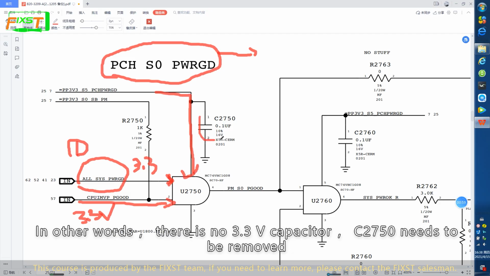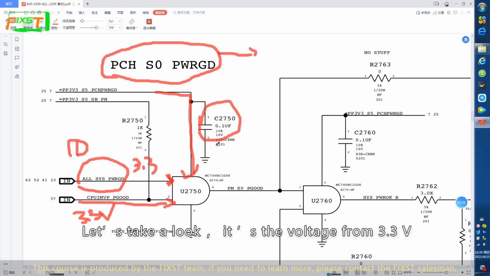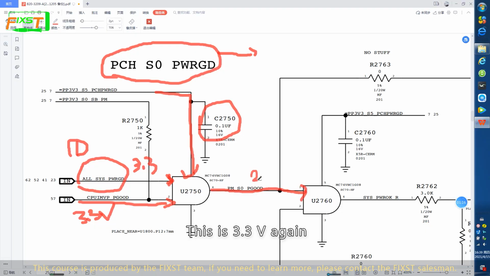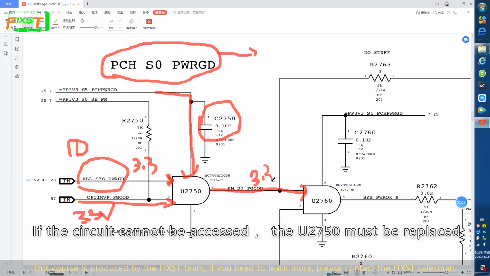In other words, if there is no 3.3 volt, capacitor C2750 needs to be removed. Let's take a look. It's a voltage from 3.3 volt. After it comes out, U2750 will output it to the U2760. This is 3.3 volt again. If the circuit cannot be accessed, the U2750 must be replaced.